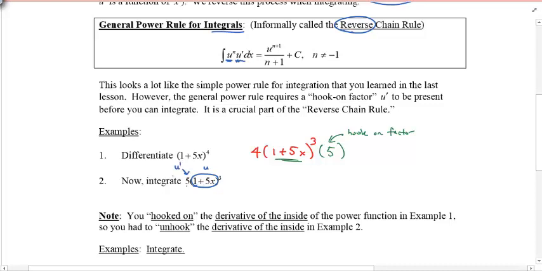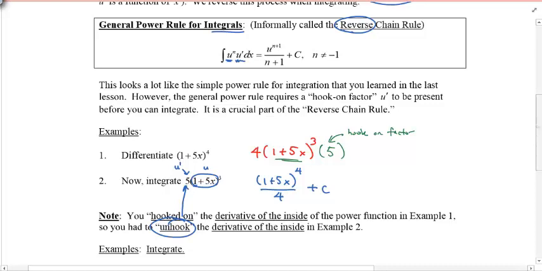So if you can see that here, then I can just use the general power rule and just take u, which is 1 plus 5x, raise that to the power of 3 plus 1, which is 4, divide that by the new exponent 4, and then of course have a plus c. So as a note, you hook on the derivative of the inside of the power function, example number 1. That's this in green. So I had to unhook the derivative of the inside in example number 2. And that's this u prime here.